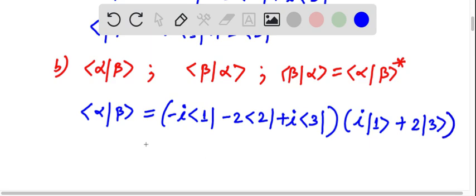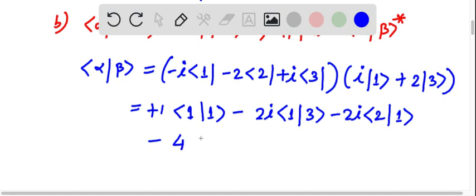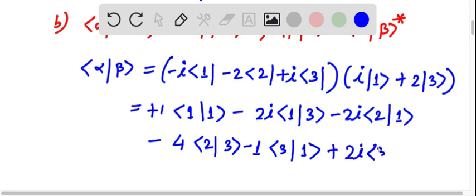Now take the multiplication of these. −i times i is −i², which is plus 1, that is <1|1>. Then −i times 2 gives −2i <1|3>, then −2 times i gives −2i <2|1>, then −4 <2|3>, then i times i is i², that is minus 1, <3|1>, and last plus 2i <3|3>.